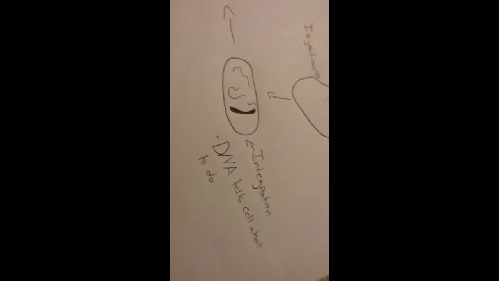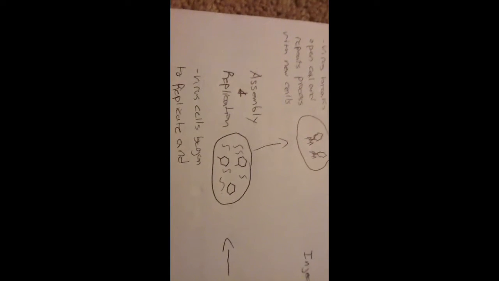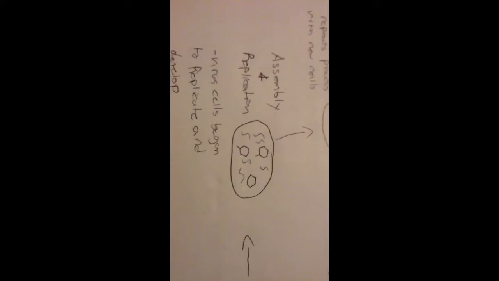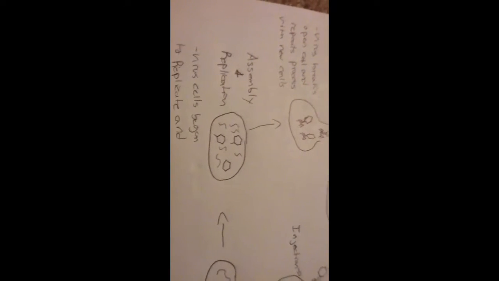After injection is integration. That's basically just the DNA telling the cell what to do. Next, you have assembly and replication. That's just the parts of the virus forming and getting ready to become the virus.